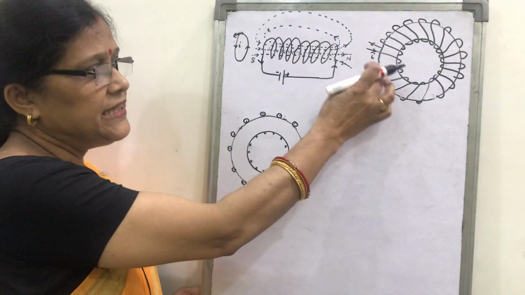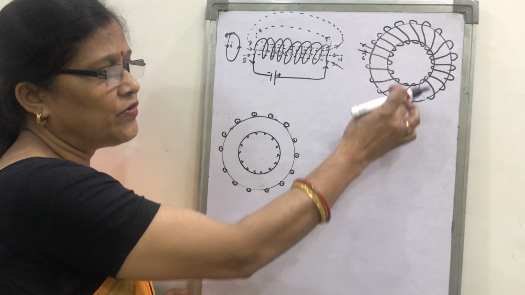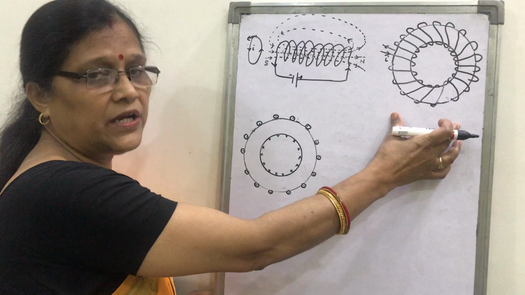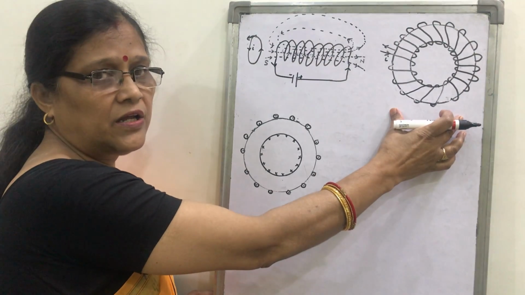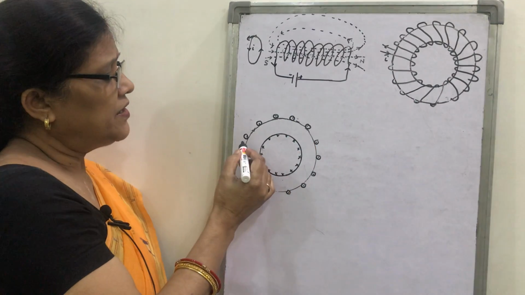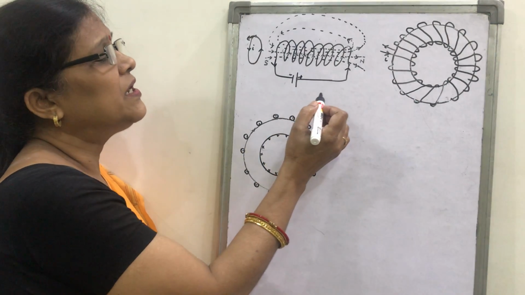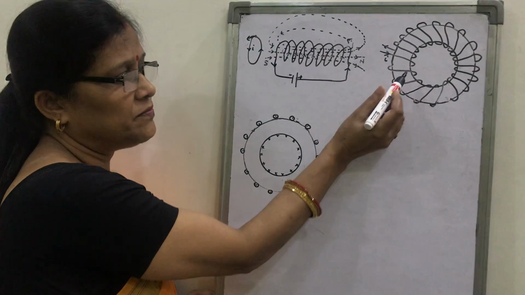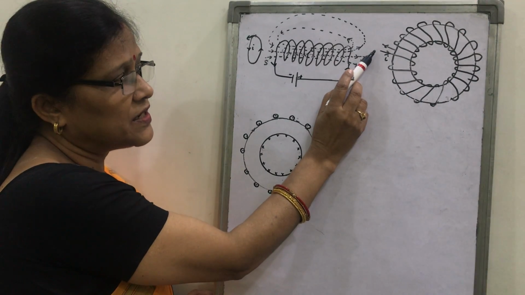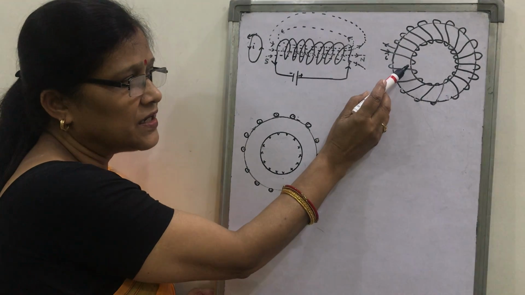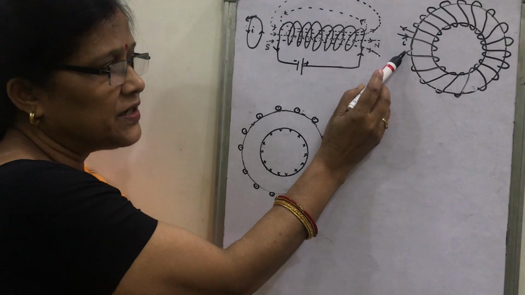If we see the direction of current flowing through the loops in this toroidal solenoid, or toroid, then here, if the current is flowing in this way, at the inner portion, concentrate yourself here, the current is moving here, and at this point it is entering, and at this point it is leaving.